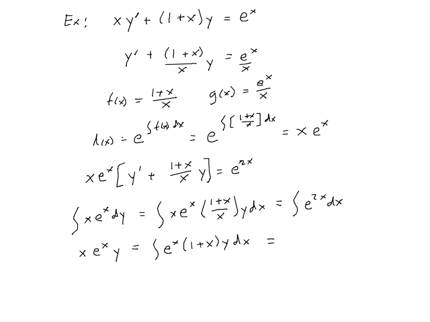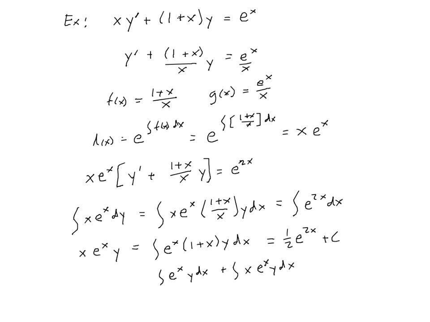The last term is just going to be equal to 1/2 e to the 2x plus c. And so for this middle term, you can expand this out and say now you have the integral of e to the x y dx, plus a second integral, which is going to be x e to the x y dx.